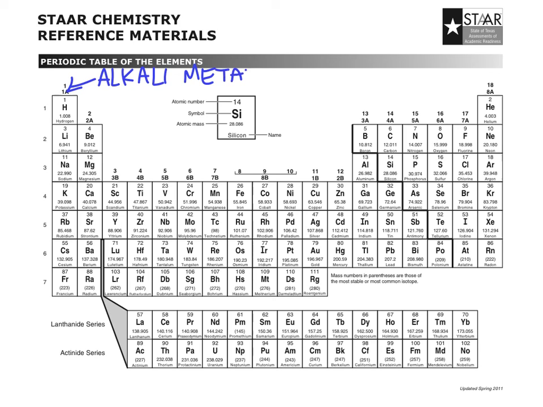So because sodium is an alkali metal, it is the exception. So here's magnesium. Magnesium is in group 2. These are alkaline earth metals. Therefore, it is not an exception on my list.